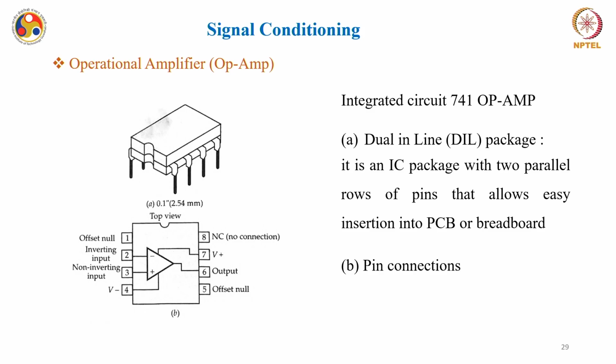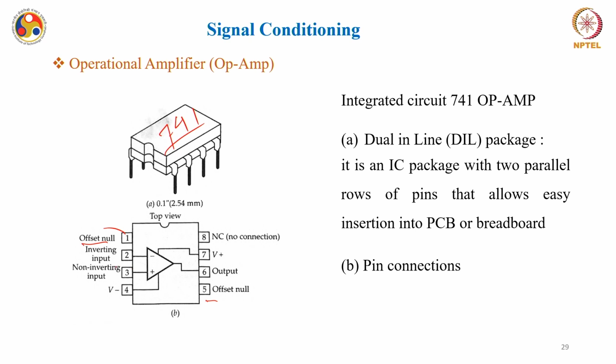So it is basically an IC package with two parallel rows of pins that allow easy insertion into a PCB or breadboard. You can see the pin connection looks something like this. I will call it a 741 IC, and the pin connections look something like this. You have offset null at pins 1 and 5.